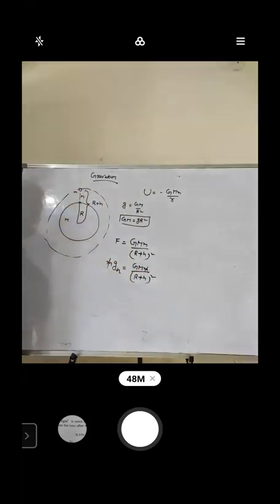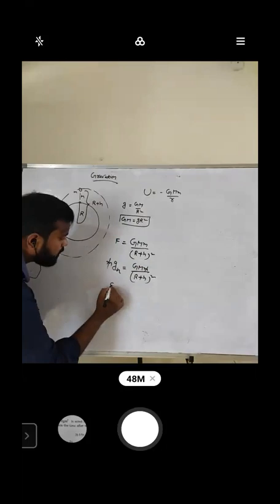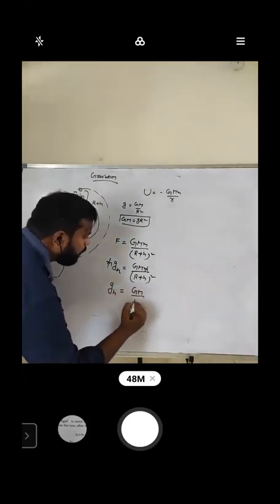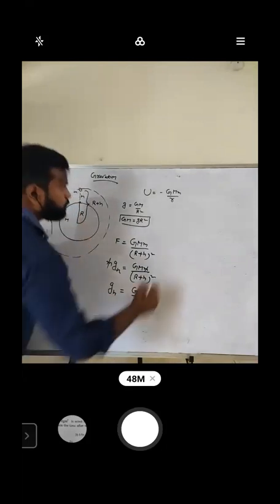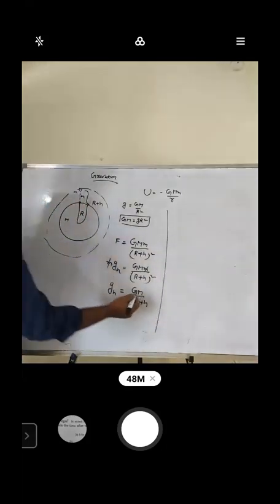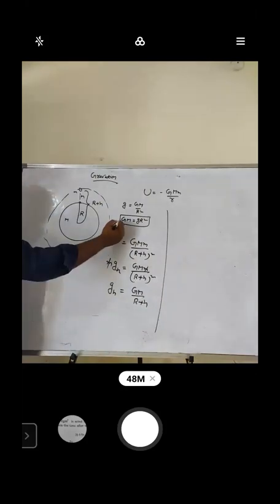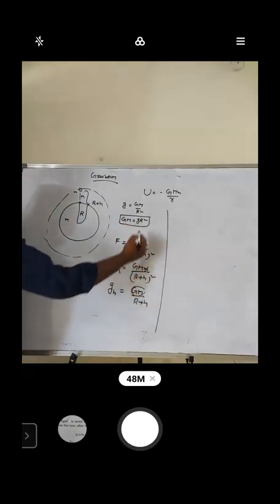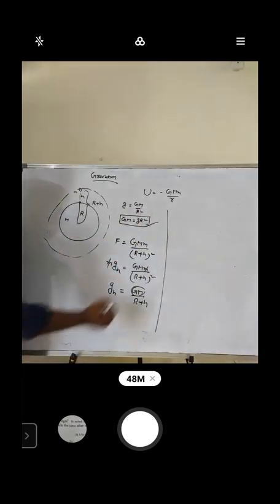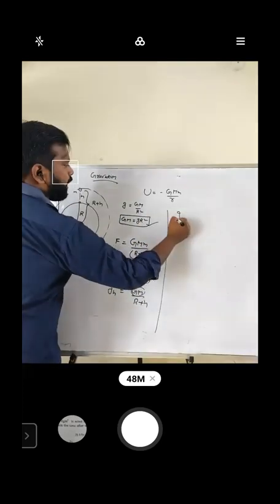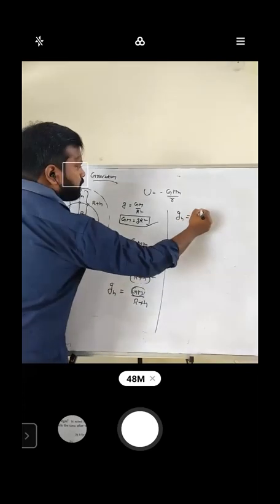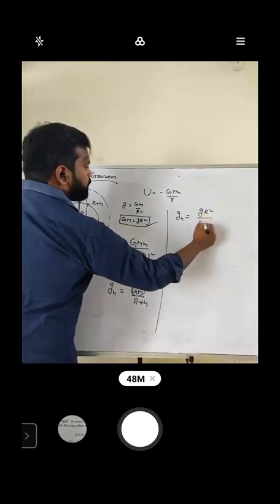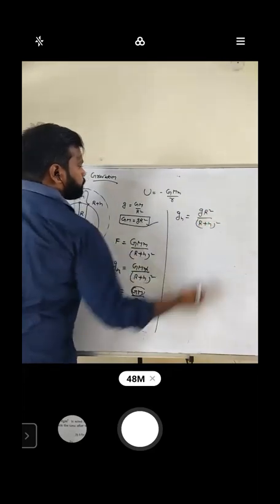Small m gets cancelled. So acceleration due to gravity at height h equals G capital M by R plus h whole square. According to the relation between small g and capital G, instead of GM we can write gR square. So g h equals gR square by R plus h whole square.